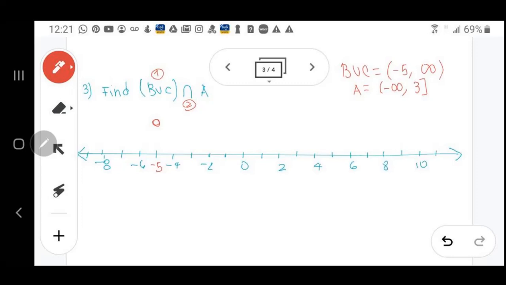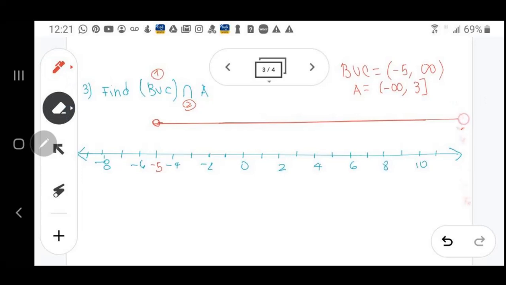This is the interval that goes from negative 5 to positive infinity, and this is B union C because we just found it before.